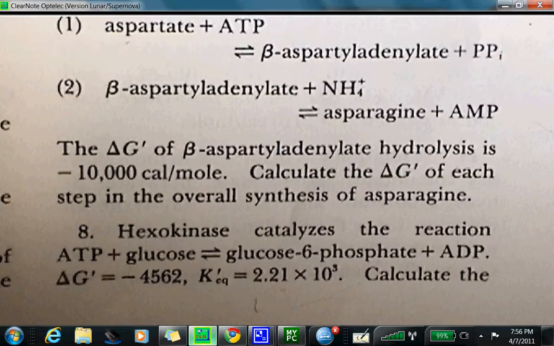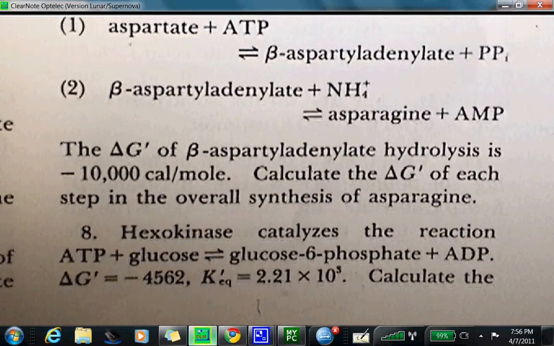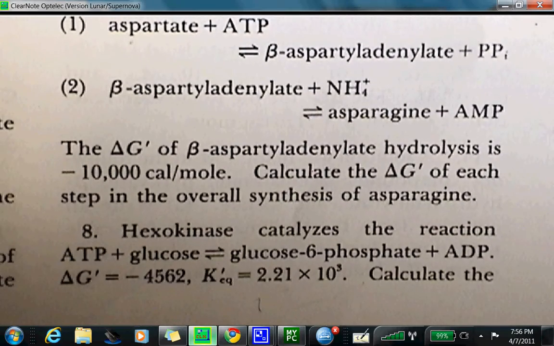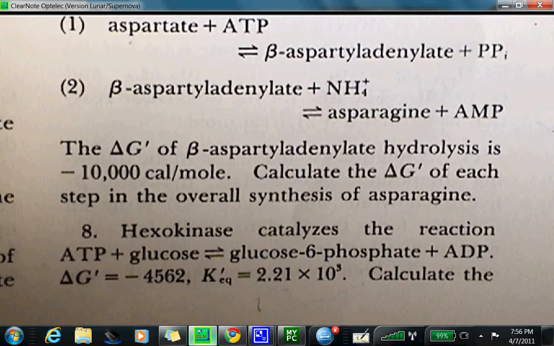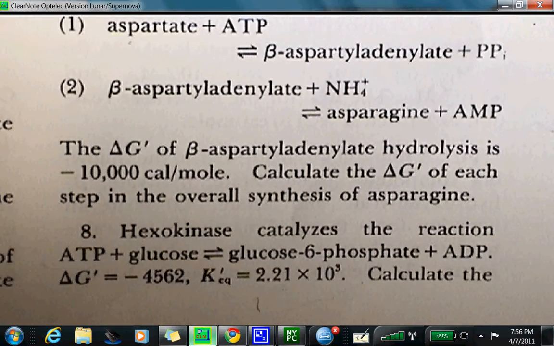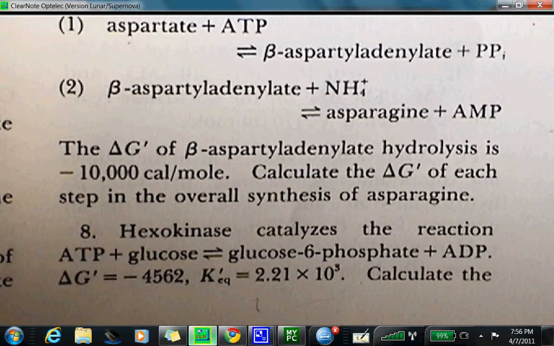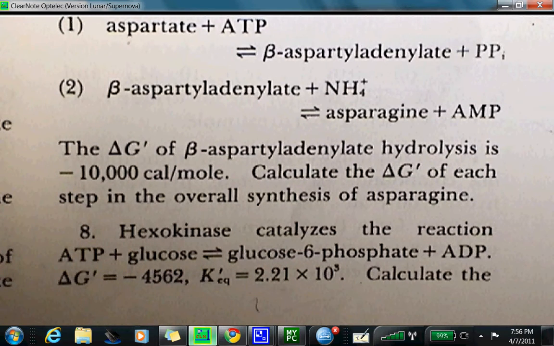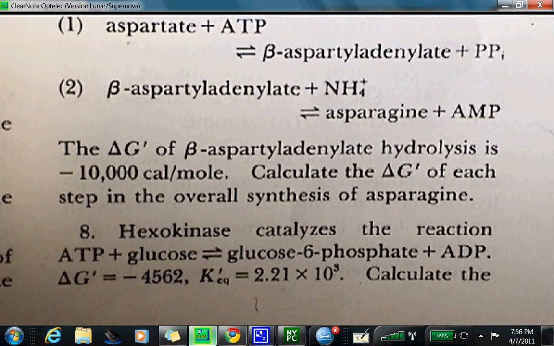It says hexokinase catalyzes the reaction ATP plus glucose to glucose 6-phosphate and ADP. Delta G prime is negative 4,562. K'eq is 2.21 times 10 to the third.